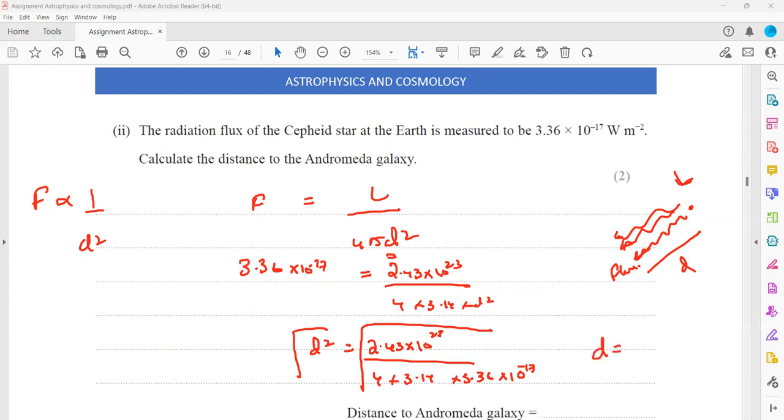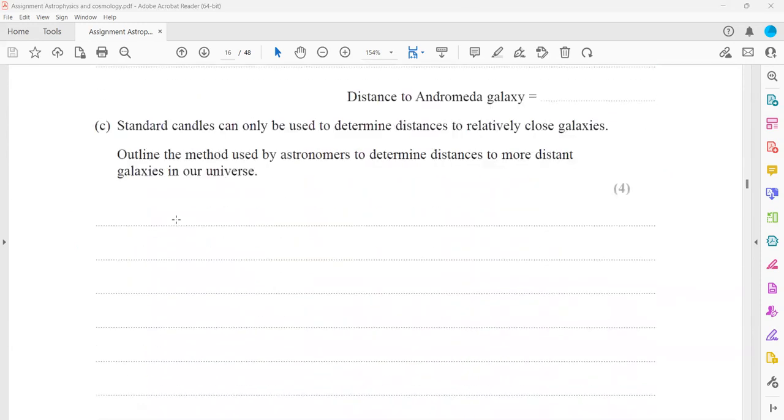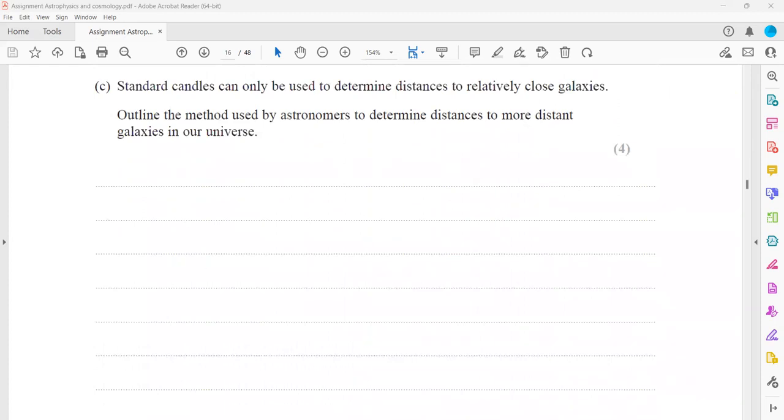The distance between this Cepheid variable and us is 2.4 times 10 to the power 22 meters. So using the flux and the luminosity, we can work out the distance between the star and the Earth.